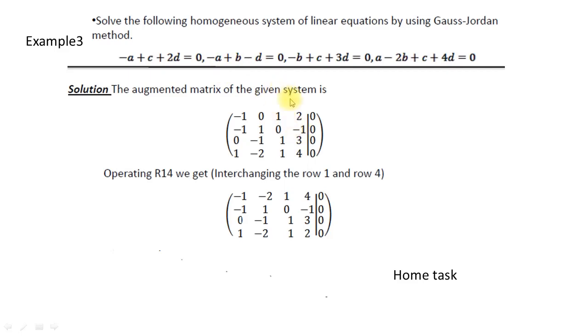In the third equation a is missing, so the coefficient of a is 0, b coefficient minus 1, c coefficient 1, d coefficient is 3. And in the last equation we have the coefficient of a is 1, the coefficient of b is minus 2, the coefficient of c is 1, and the coefficient of d is minus 4. So this is the augmented matrix.